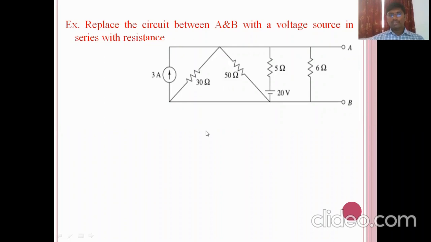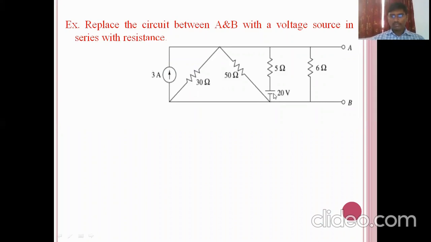While applying source transformation, if you want to convert a voltage source into a current source, the voltage source must be in series with a resistance, whereas a current source should be in parallel with a resistance. Here there are two possibilities.